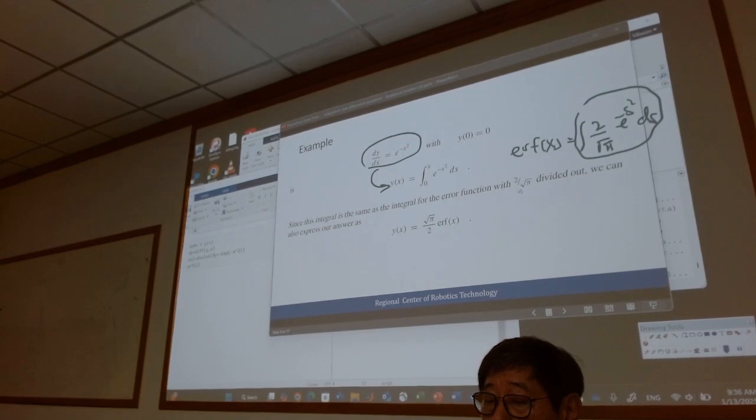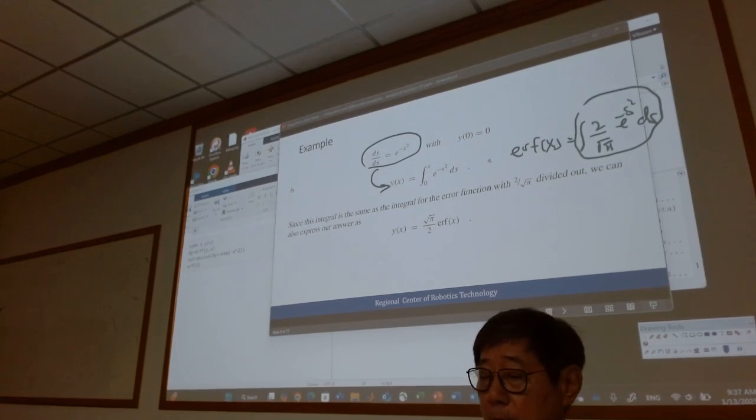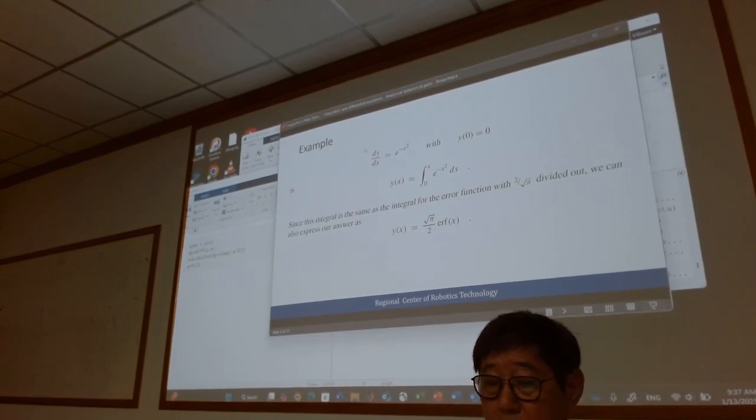Another function is this one. So y will be square root of pi divided by 2. Right? Okay. This shows you some of them cannot be integrated, but we can solve this one by using a numerical method. I'll show you later on.